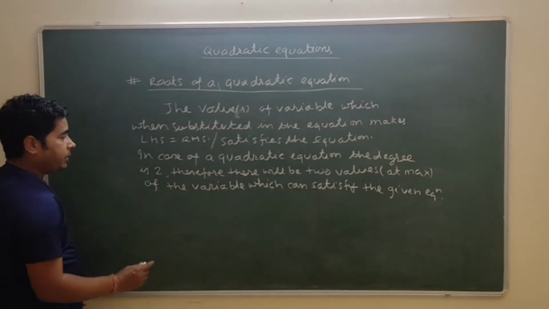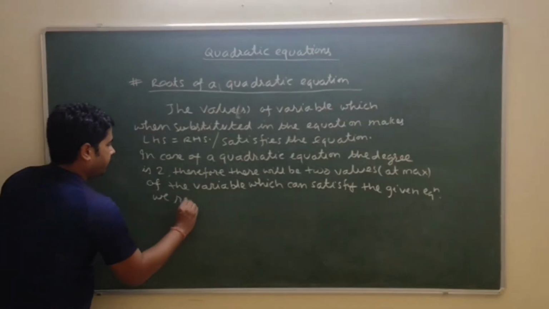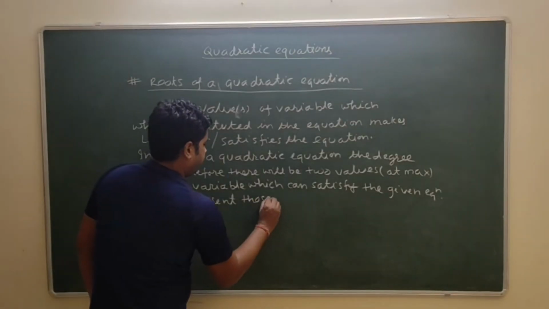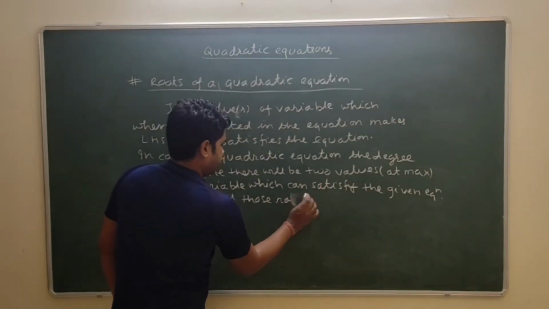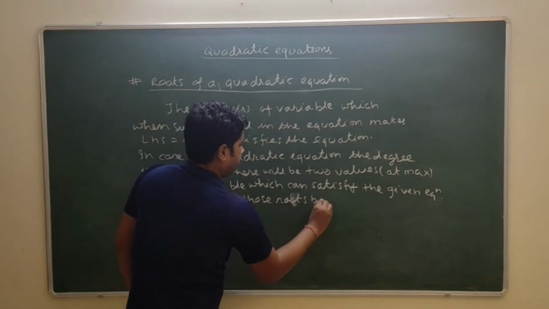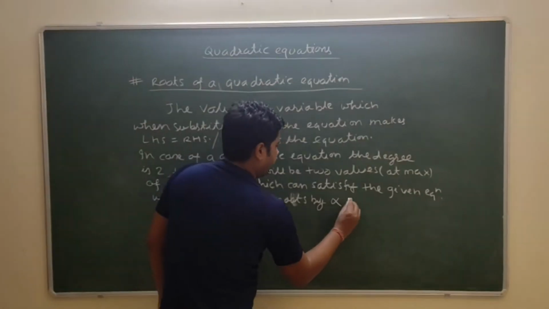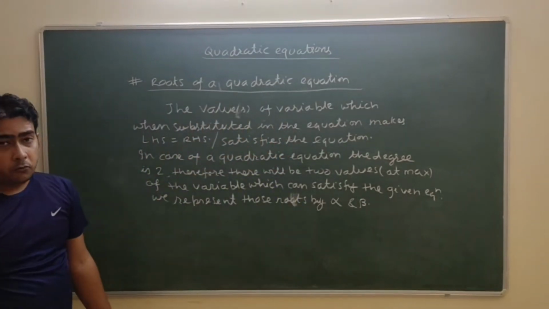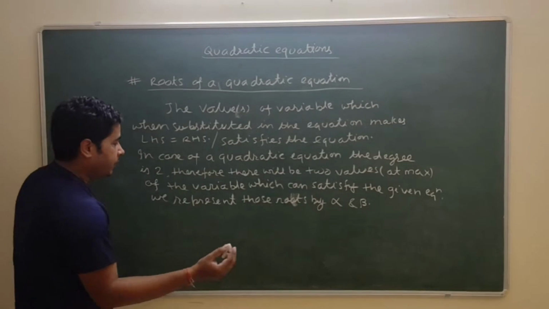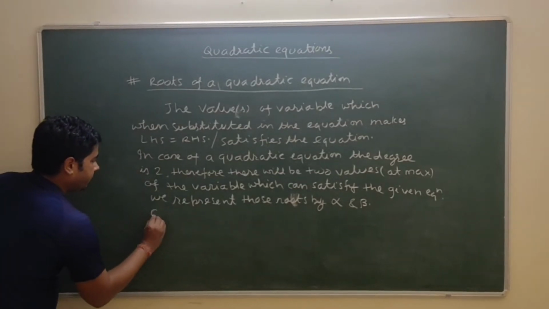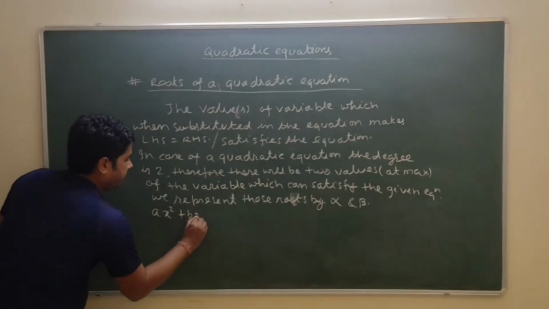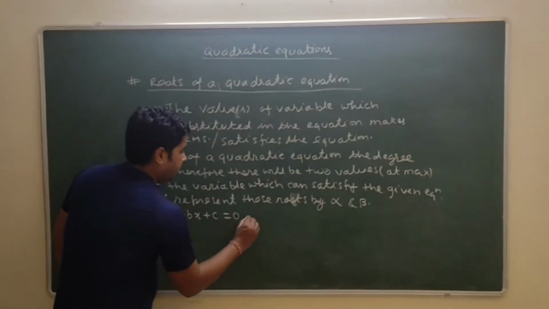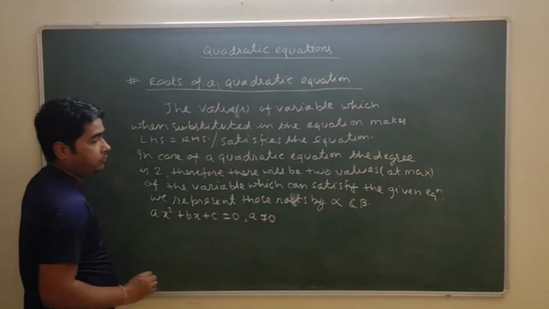In case of a quadratic equation, we represent those roots by alpha and beta. Means alpha and beta are the roots of the given quadratic equation. For an example, let's suppose the equation is ax square plus bx plus c equal to 0, this is a quadratic equation where the leading coefficient a is not equal to 0.